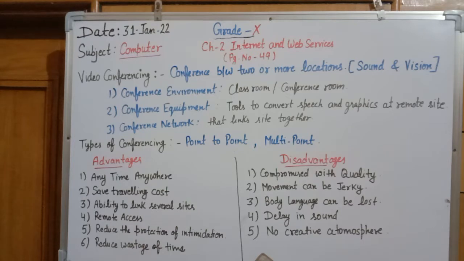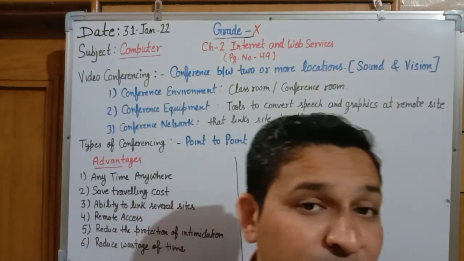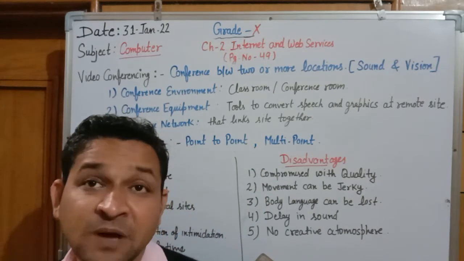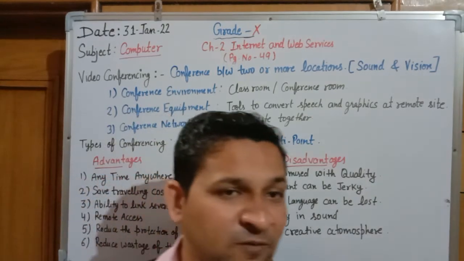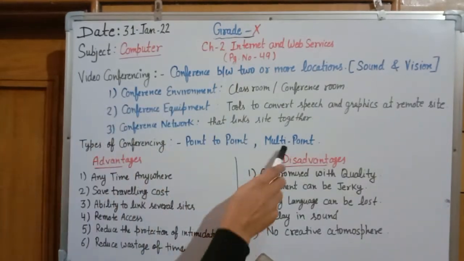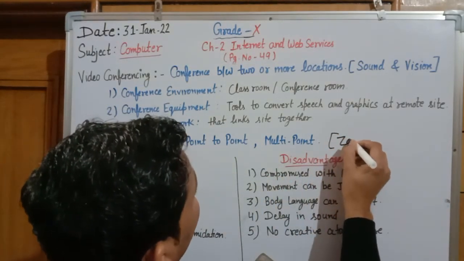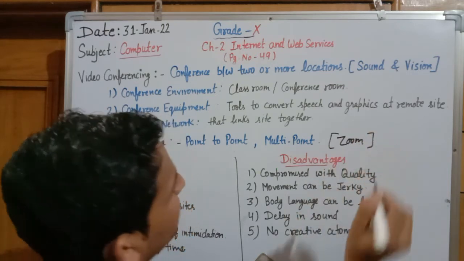Three or more locations are connected together where all participants can see and hear each other. It's like a classroom where everyone can see, everyone can give their suggestion, everyone can ask a query. This type of conferencing mode is known as multi-point conferencing, and the example that we are using in real life is the Zoom class.